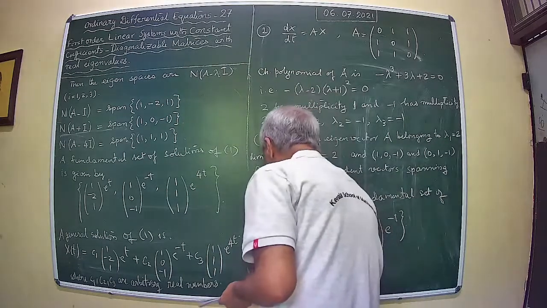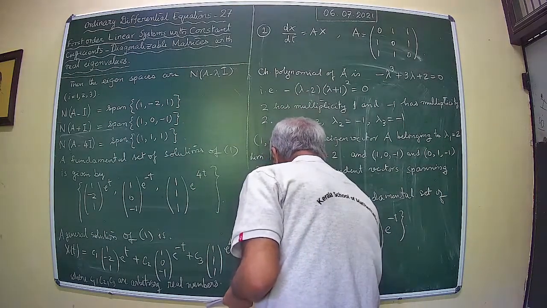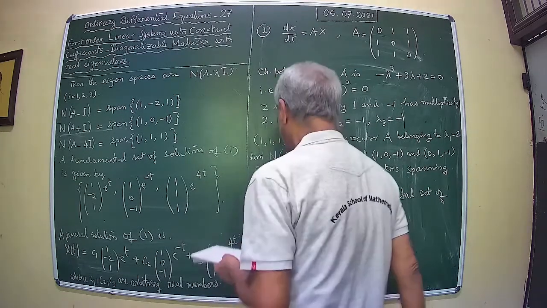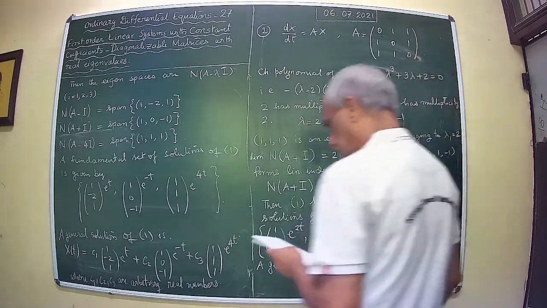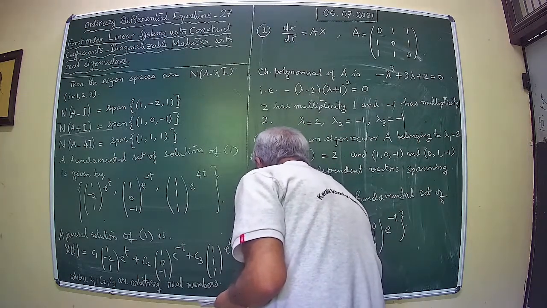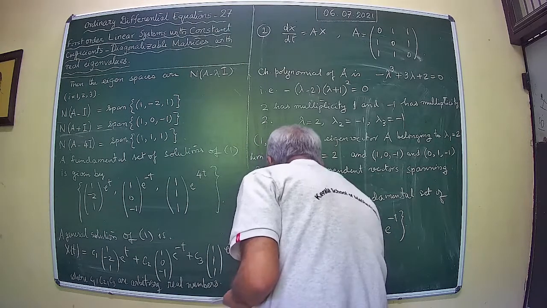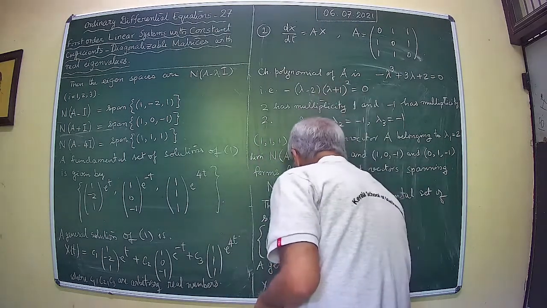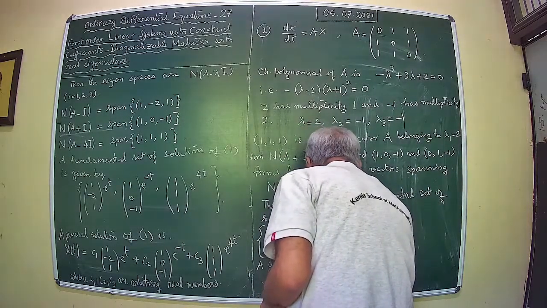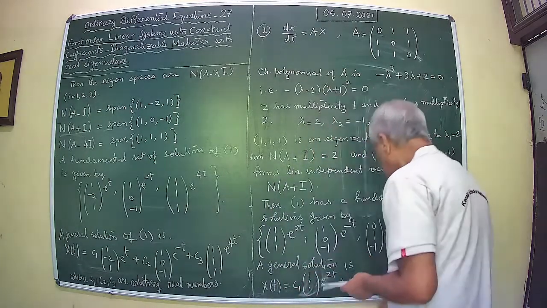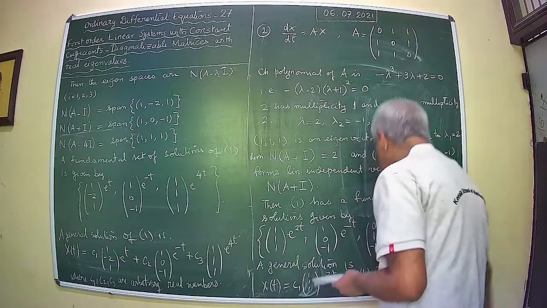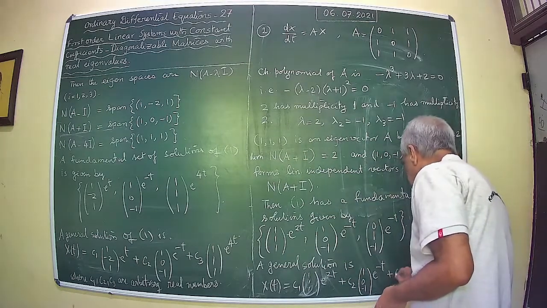Therefore, a general solution is C1 into (1, 1, 1) e to the power 2t plus C2 into (1, 0, -1) e to the power minus t plus C3 into (0, 1, -1) e to the power minus t.